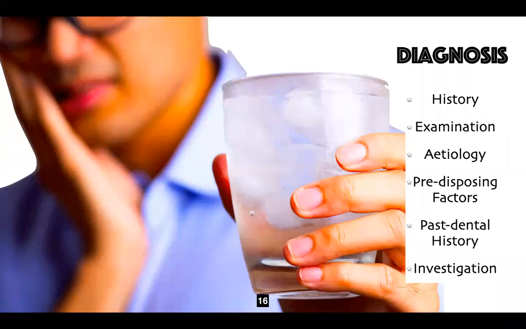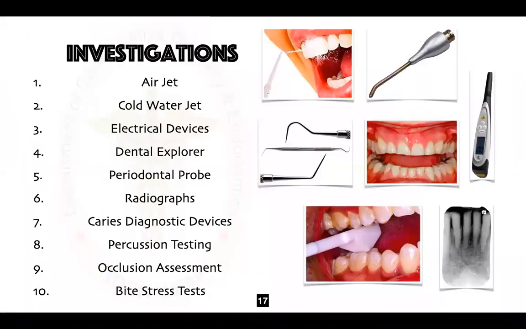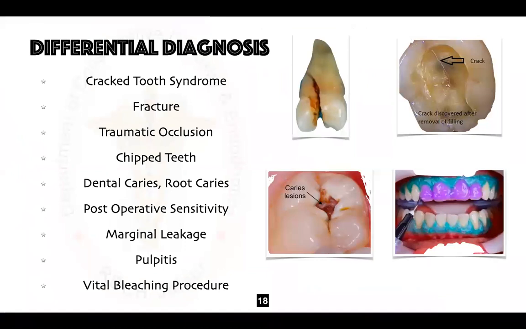As I just mentioned, it has features similar to other conditions like caries, fracture, chipped enamel, reversible pulpitis, periodontitis, or other procedures like bleaching. We'll come back to this one again.